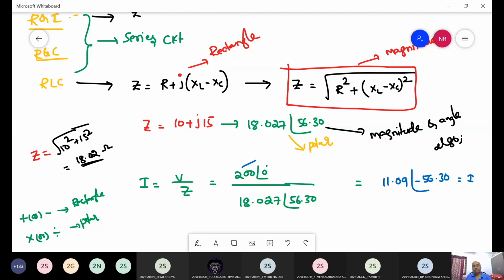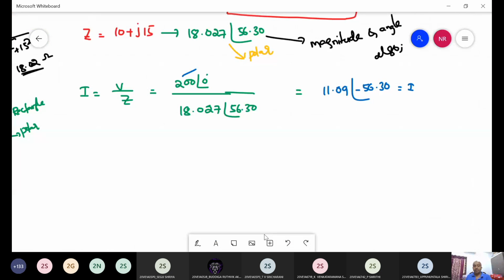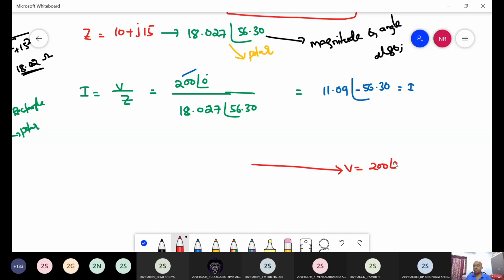See, here I am drawing the vector diagram. Let us take Z also. Here voltage V is equal to 200 angle of 0. Then what is the current here? How much current did we get? 11.09 angle of minus 56.30. What is this minus sign indicating? Lagging. This minus sign indicates it is lagging.